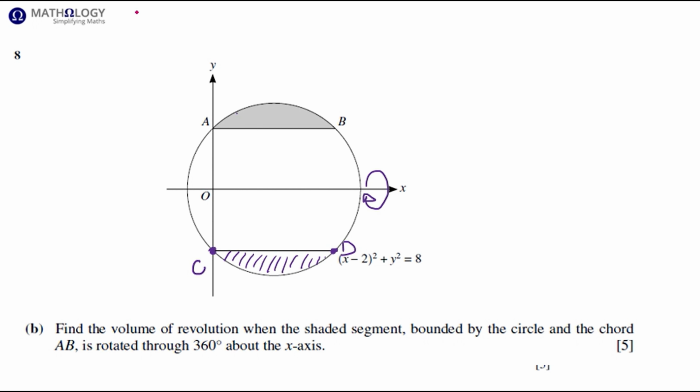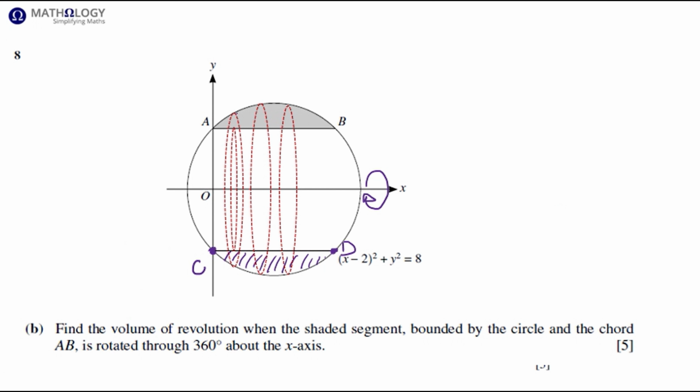When we rotate the shaded region bound by the circle and the chord AB about the x-axis, we are going to form a disk washer model which has cross-sectional circular cuts.